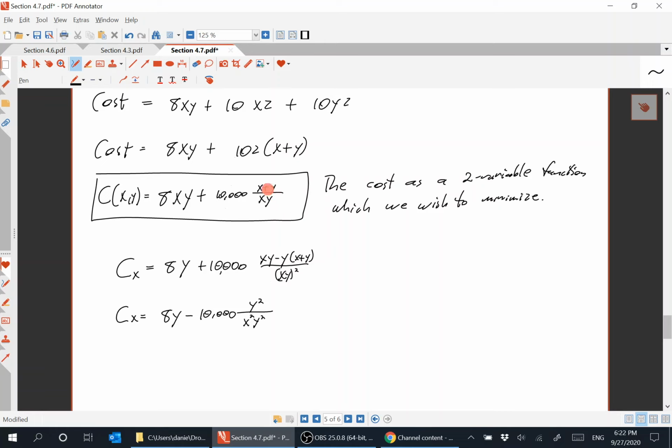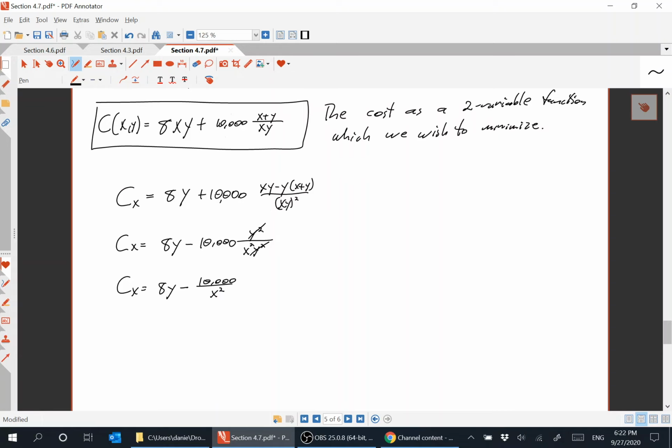Derivative of the top times the bottom, minus the derivative of the bottom times the top, right? So these cancel. So you get Cx is equal to 8y minus 10,000 over x squared, similar to that function we had before. And we're going to set that equal to 0. Right? And we're finding critical points.